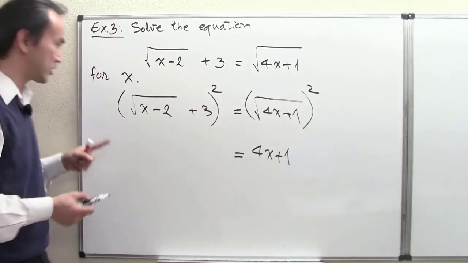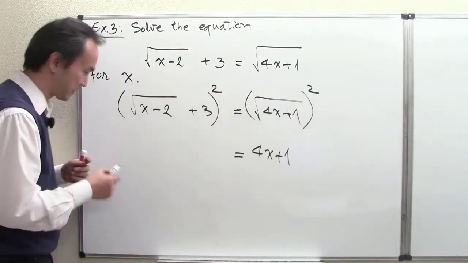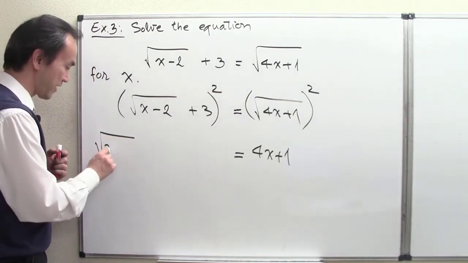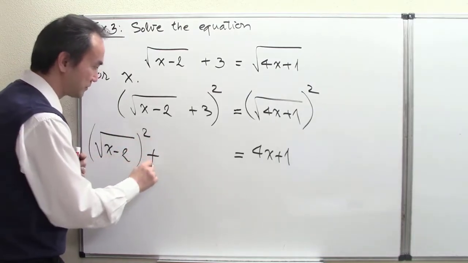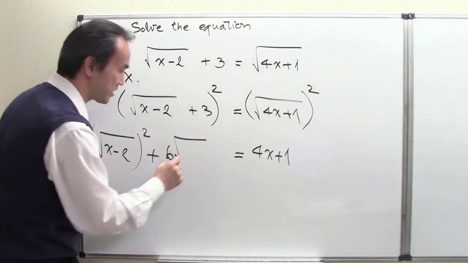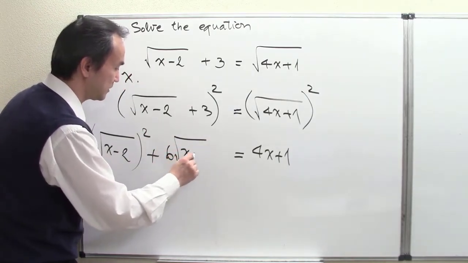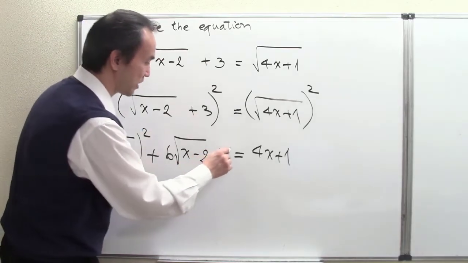After foiling out using the quick formula, we have the square root of x minus 2, all squared, plus 2 times 3, making it 6 times the square root of x minus 2, and plus the square of 3, which is 9.